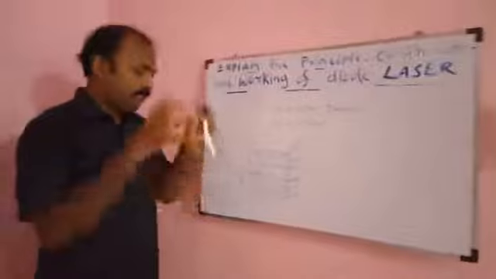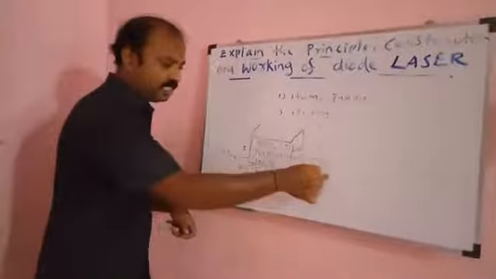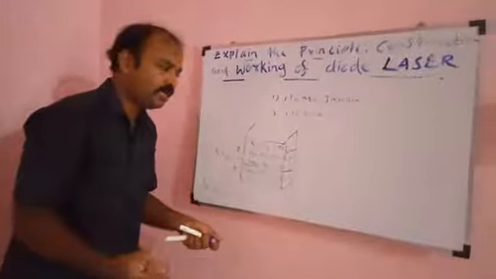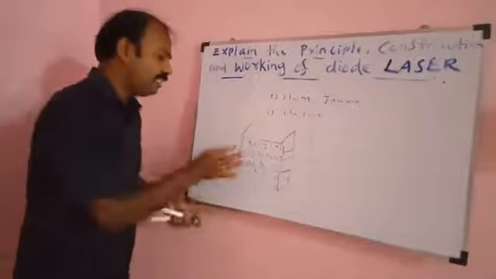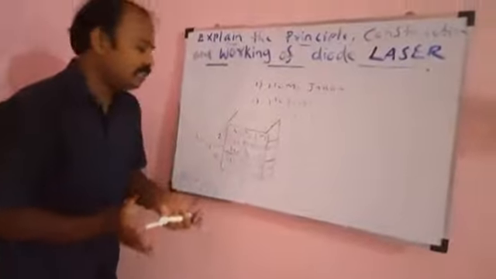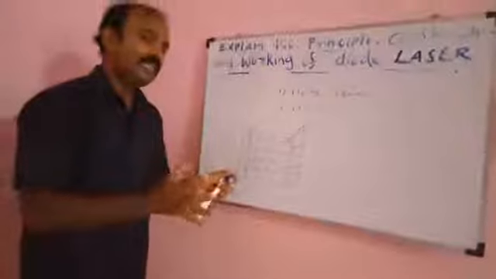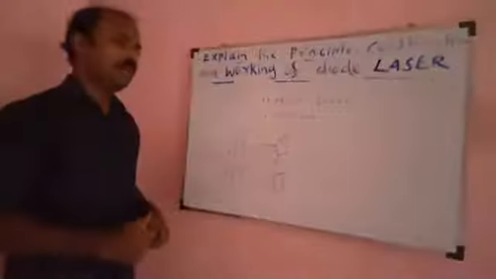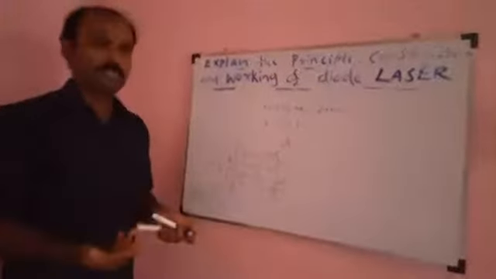Here the population inversion takes place with the help of this forward bias. How does the population inversion take place? All the charge carriers available in the second and fourth layers enter into the third active layer, so that the third active layer has a large number of charge carriers compared to other parts. That is population inversion.